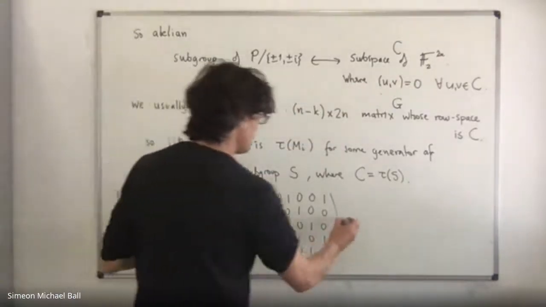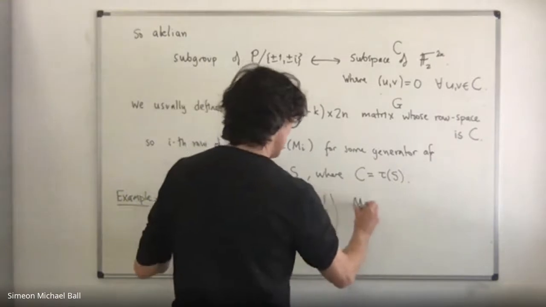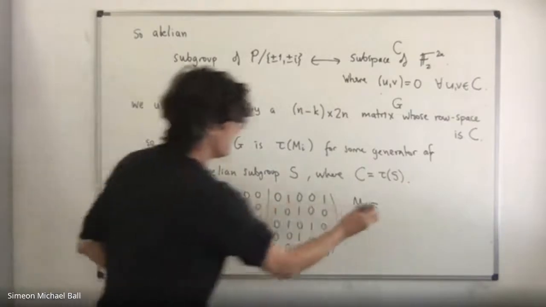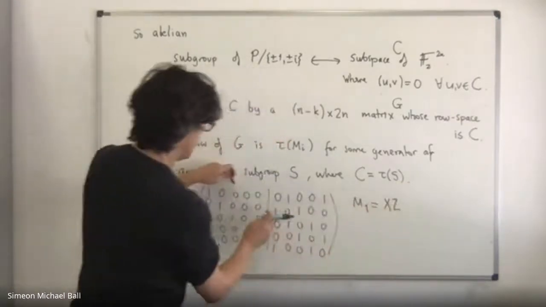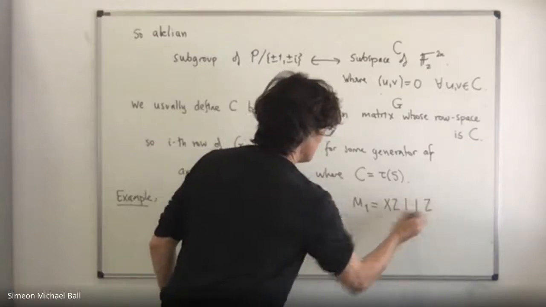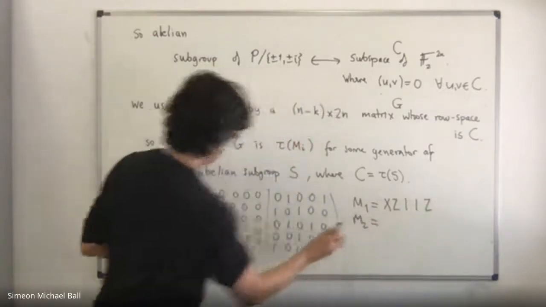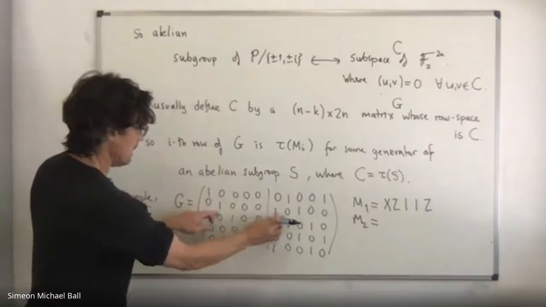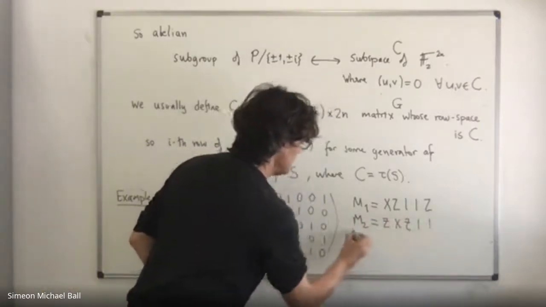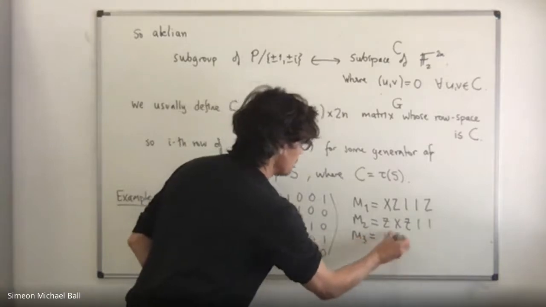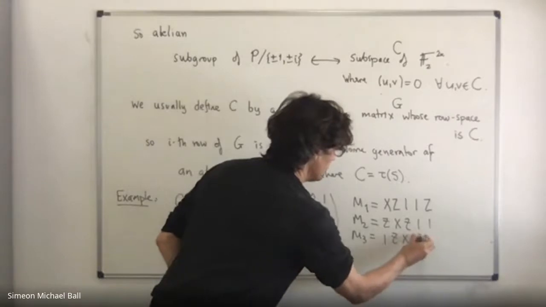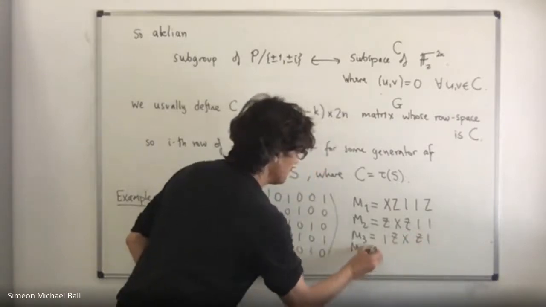So this would correspond to the N's. N1 would be X, Z, 1, 1, Z. N2 would be Z, X, Z, 1, and you see for the construction, the other ones are just cycling round.